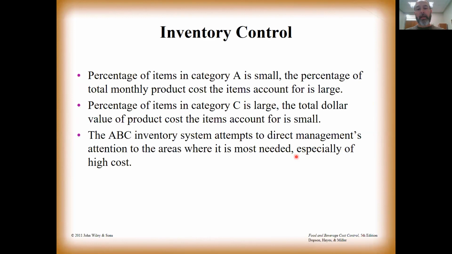And then the final category, category C, is going to have a large number of items where the total dollar value is going to be small. So again, it helps to monitor the value levels and helps management, or those designees of management who are responsible for this, to zero in on where their energy should be directed so we can handle the products differently.